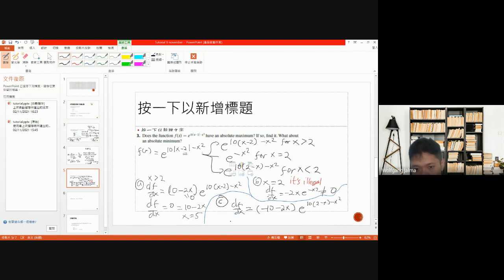So when it is equal to 0, it is the same as minus 10 minus 2x, so x will be minus 5. Now we have two candidates, x equal 5 and x equal minus 5.